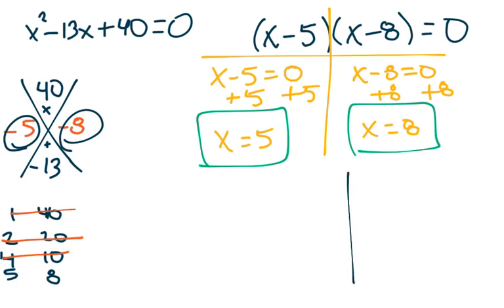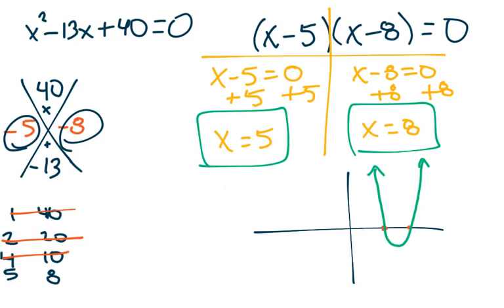On a graph, just a sketch, if I've got x equals 5 and x equals 8, let's say that this is 5 and this is 8. My graph is going to look something like that.